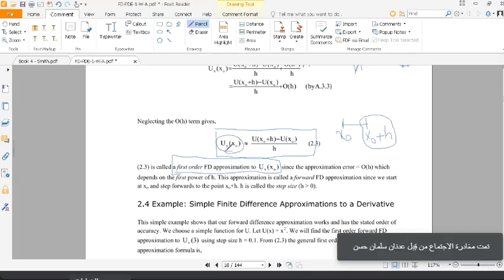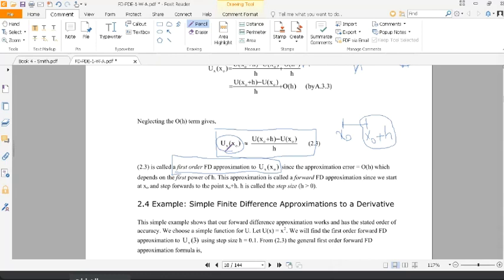Why is it called a forward finite difference approximation? What is your opinion about this? Why forward? Why is it not backward?